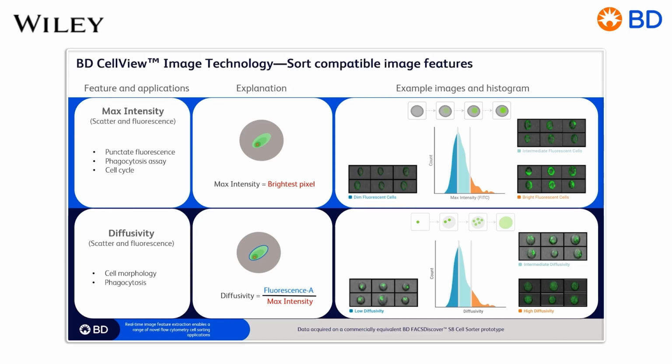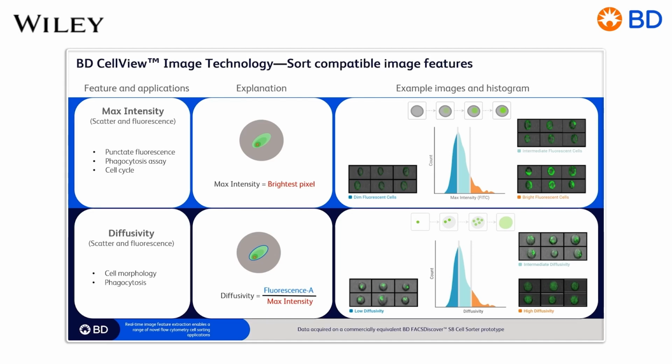And then diffusivity is somewhat related in that it uses max intensity, but this is the measurement of the total fluorescence, the area divided by the max intensity. So this looks at how much of that total signal is being driven by that max intensity.